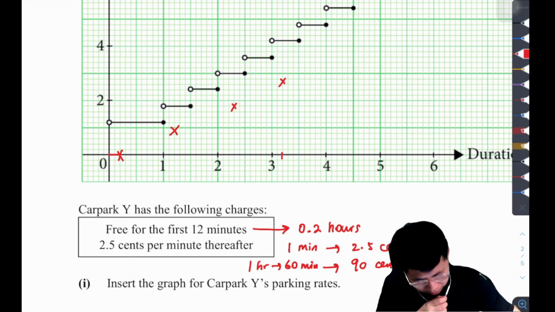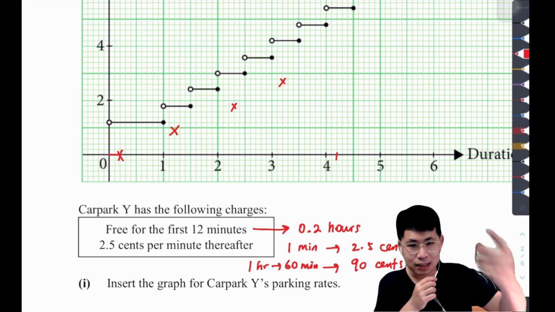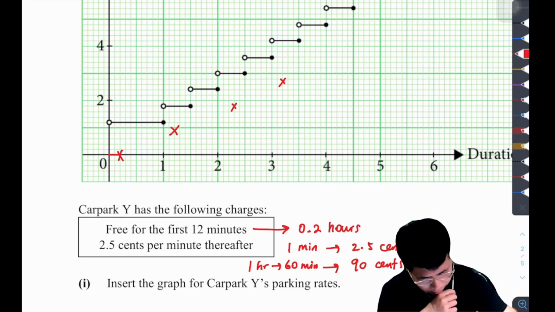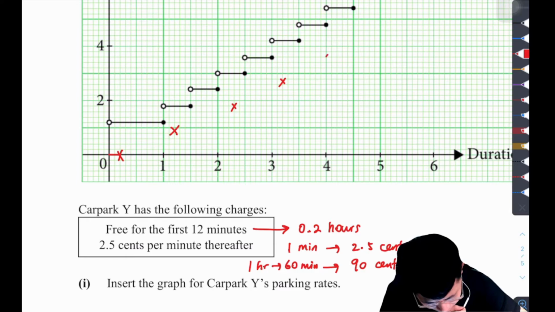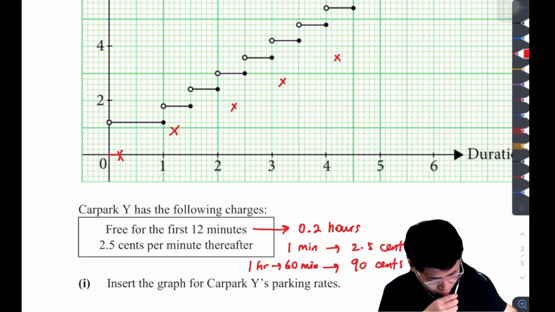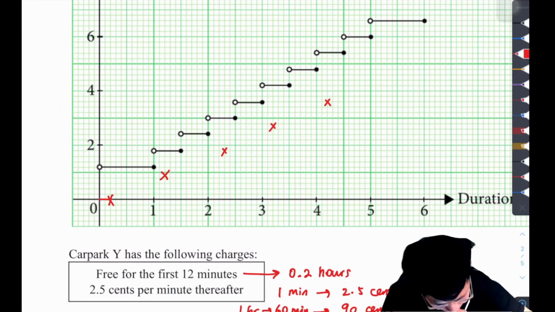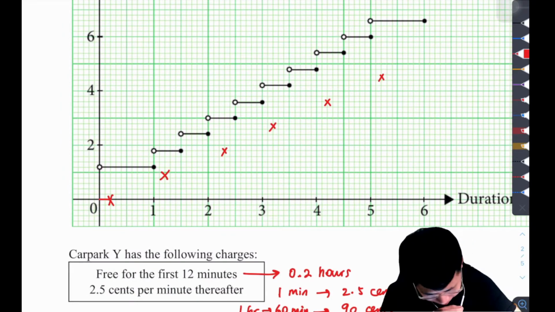Plus another hour is 4.2 hours, which is 270 plus 90, so 360. So 360 at 4.2. Next hour, 5.2 gives us 450, somewhere halfway there.